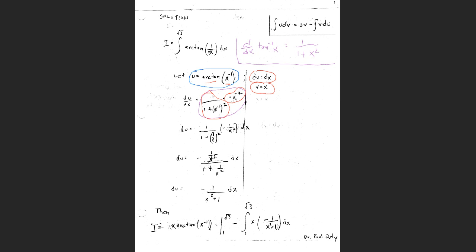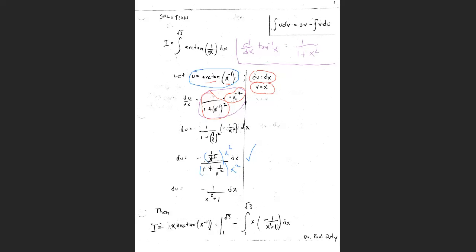Okay, and so that gets us down to here. And I'm going to multiply top and bottom of this fraction by x squared.